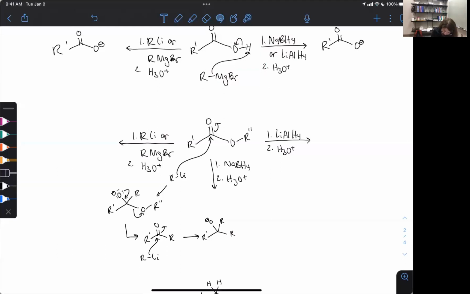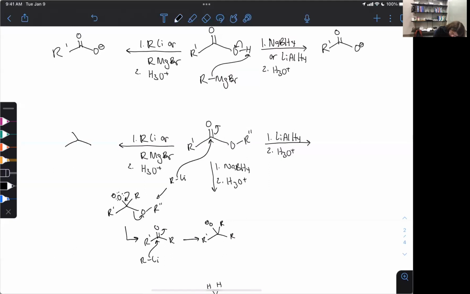So that's what we're going to get over here, just the protonated form of that. Okay, and notice that this R2 that was on the oxygen, we lost it. It's going to show up as an alcohol over here on the other side. So we're essentially getting two alcohol products out. Okay, depending on what you want to keep, maybe you want that other alcohol, maybe you don't, it's fine.